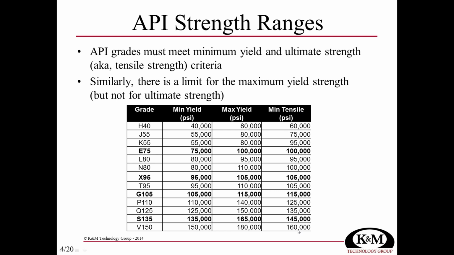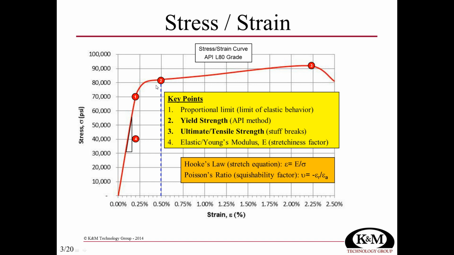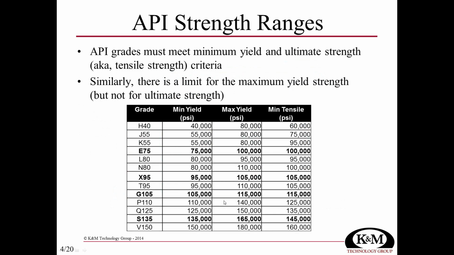So you notice that there's a range here. If I have S135 drill pipe, the yield strength could be anywhere between 135,000 and 165,000 psi. So this point right here could be as low as 135 or as high as 165. That's quite a wide window that the drill pipe manufacturer has to hit. Any particular joint could be in that range.